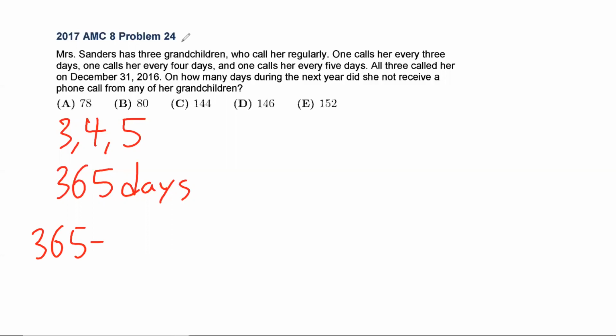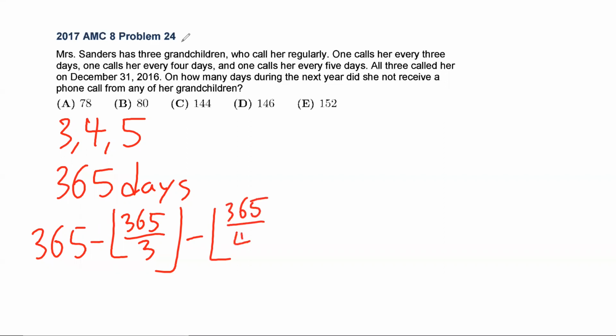We know that 365 divided by 3 is the number of days that one of the grandchildren calls her. Obviously we need to floor this because it's not divisible by 3 and it'll give you a decimal. Then let's subtract 365 divided by 4, minus 365 divided by 5.